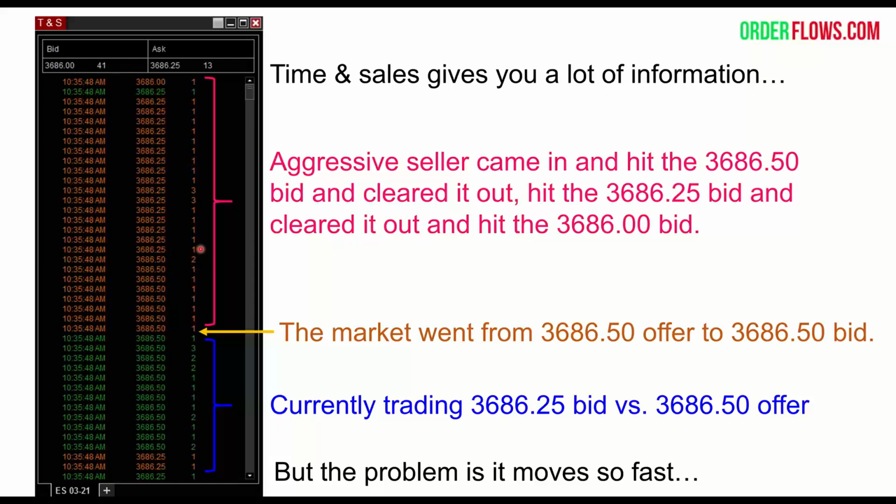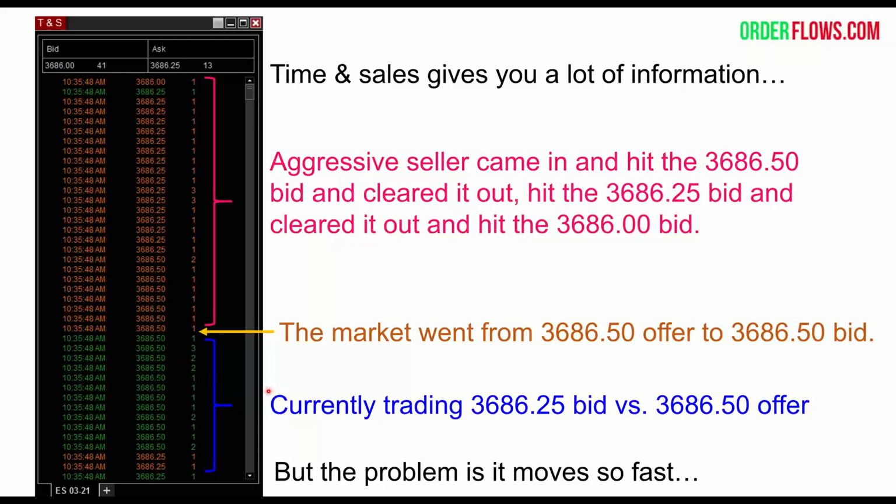Now, the exchange separates it by order size, so there's a lot of one lots. You can see the market went from 86 and a half offer to 50 to bid, because there's trading going on, right? At this time here, it's currently trading 86 and a quarter at 86 and a half.